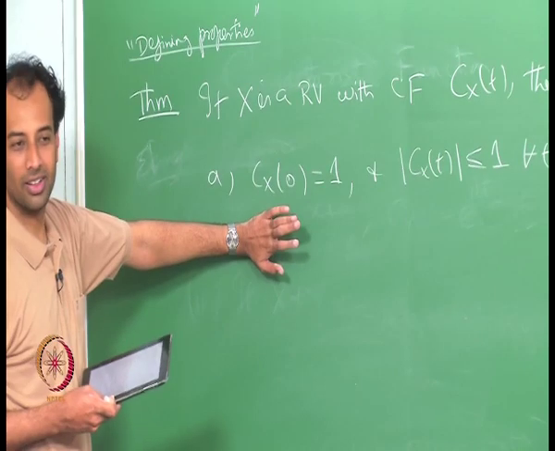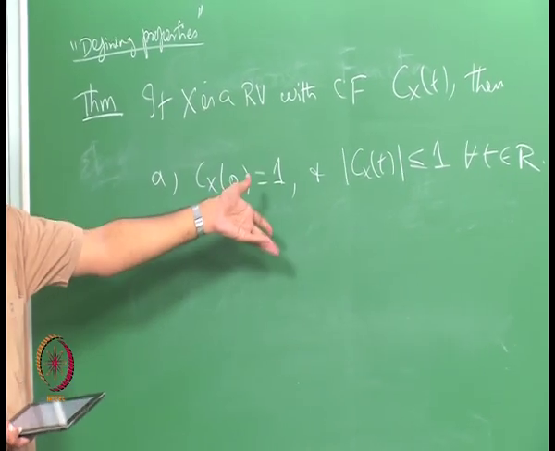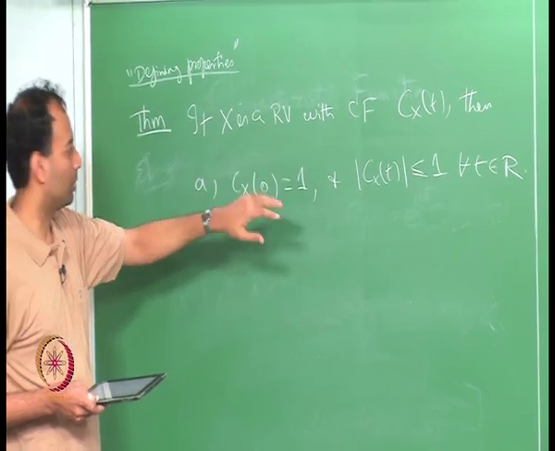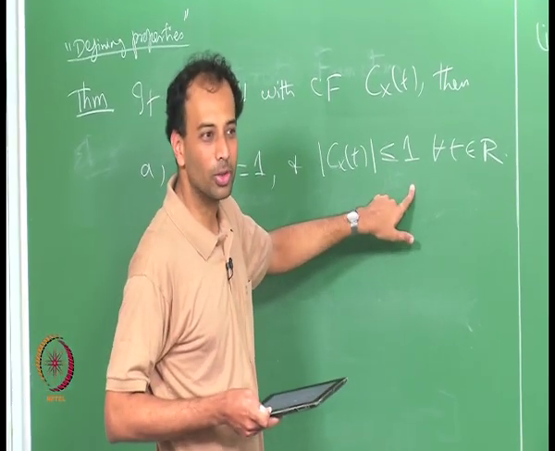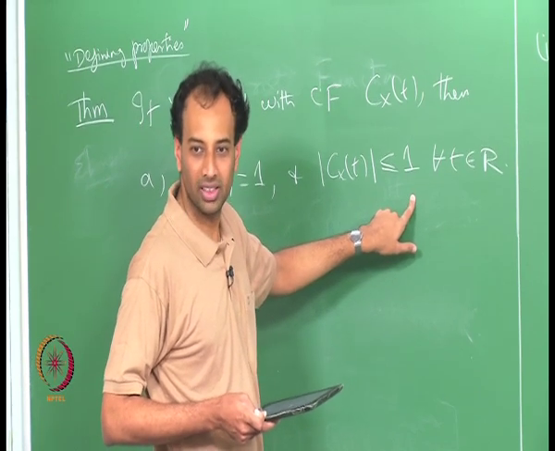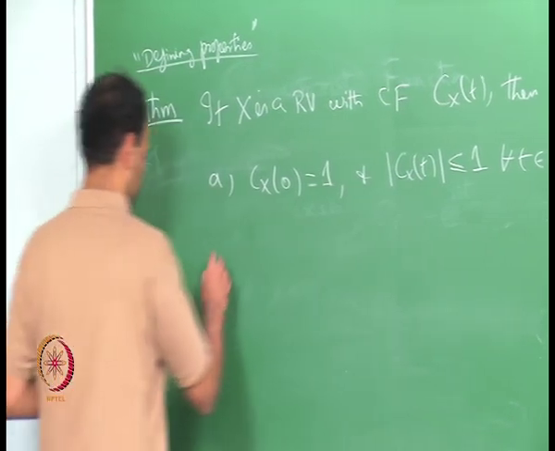This is something you will understand very easily. C x of 0 is obviously 1, it is expectation of 1, if you are putting t equal to 0, and I argued that absolute value of C x of t is less than or equal to 1, correct. I think I did not write it out, but I argued it out.